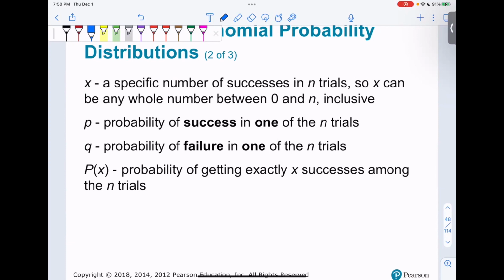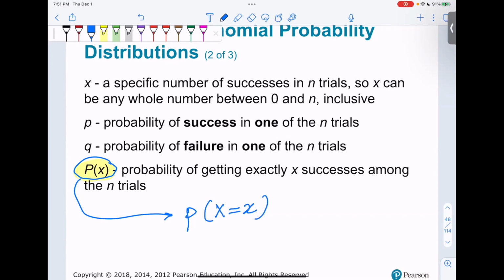And so this is the definition of the probability of X: the probability that X will take exactly a value of x.